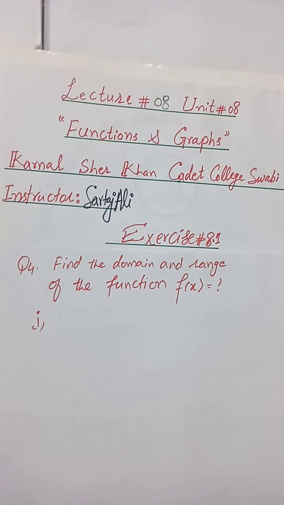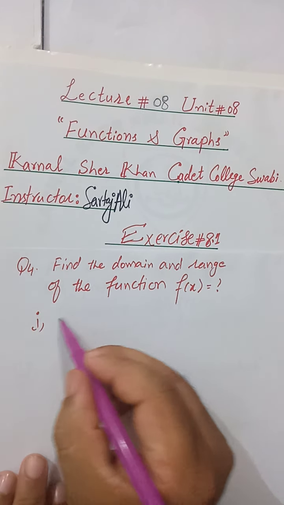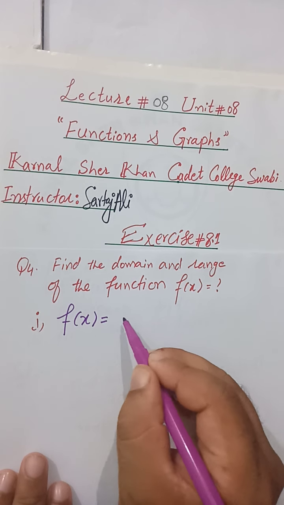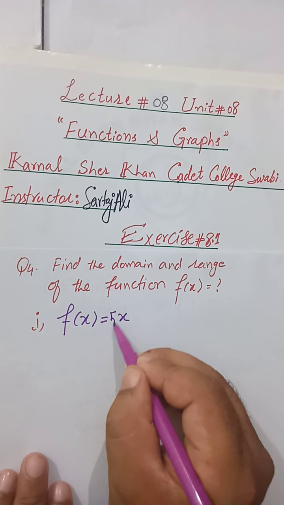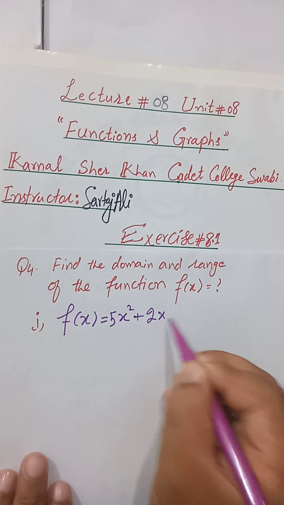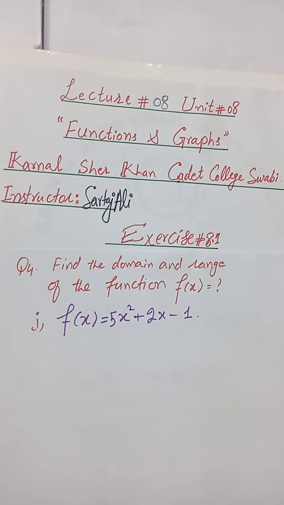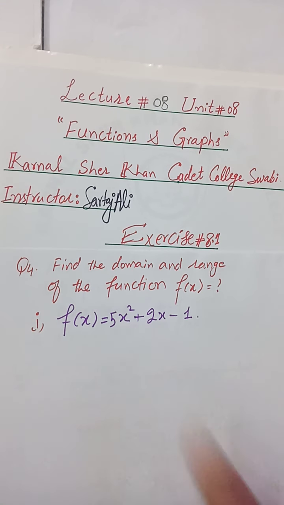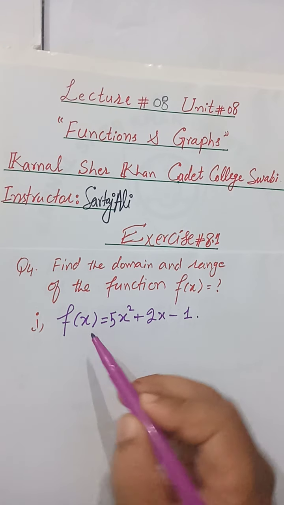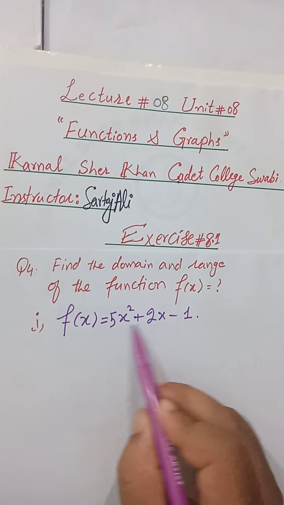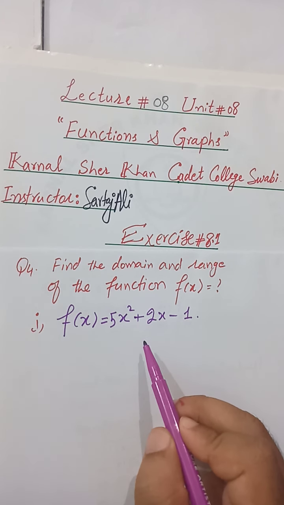In part number 1, the given function is a quadratic function. f of x is equal to 5x square plus 2x minus 1. So you see that this is a quadratic function. We know from the theory, from the previous videos, that the domain of a quadratic function is the set of real numbers, because when you replace this argument x in this expression, you will always get a defined value.